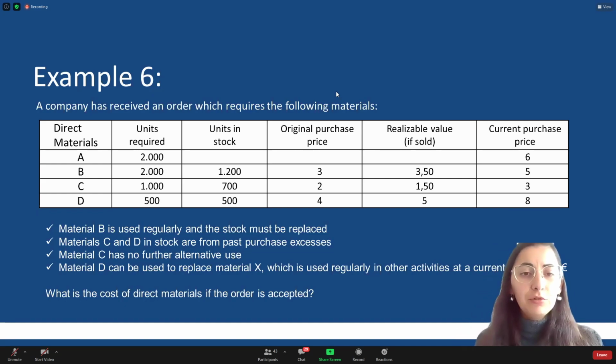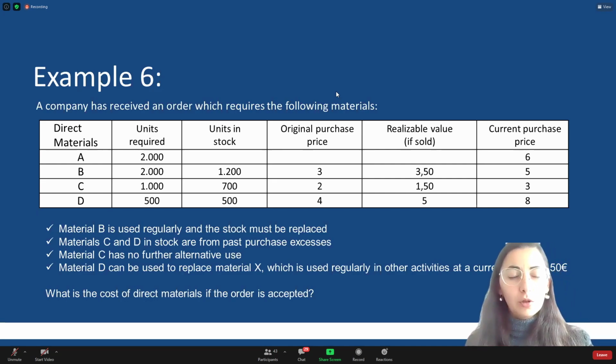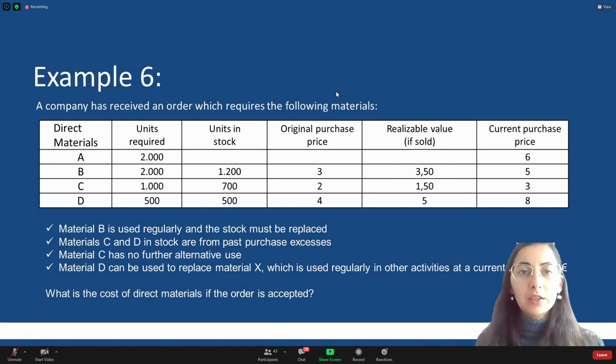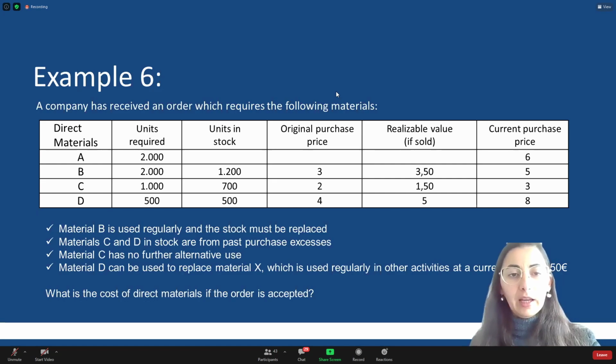Then I read, material B is used regularly and the stock must be replaced. So if it is used regularly, I have this in stock, but someone else is using it for the production of another product, it means that I have to replace the stock. That means that, if I can use this 1,200, I have to buy the 1,200 to put back in stock.